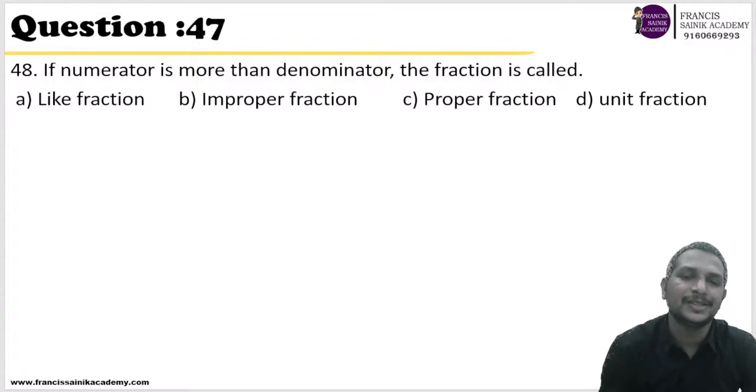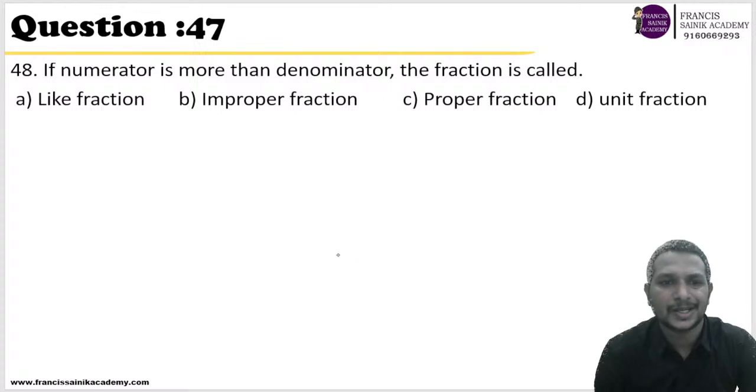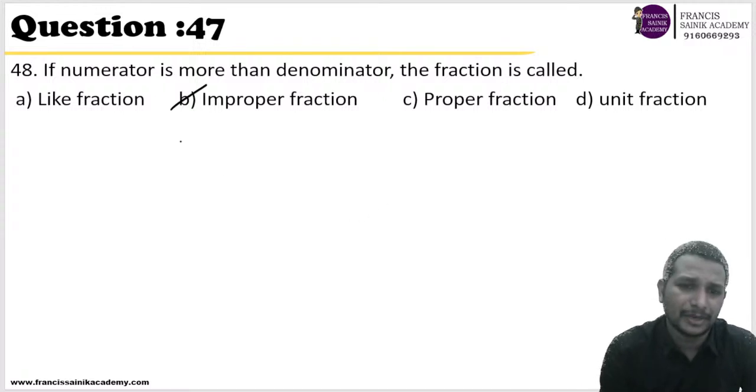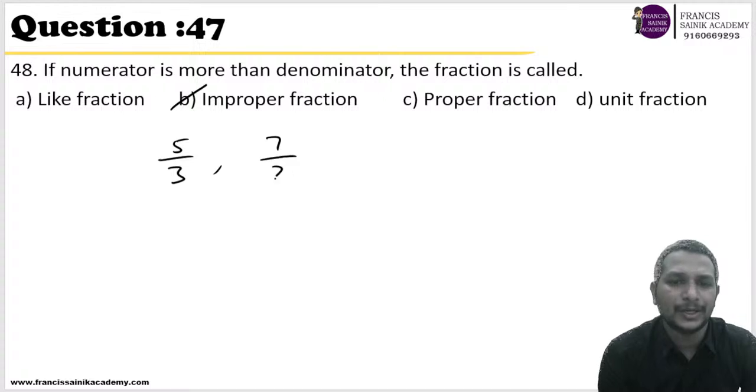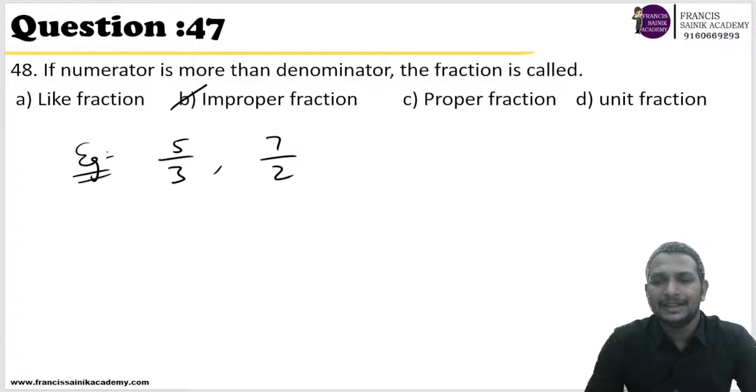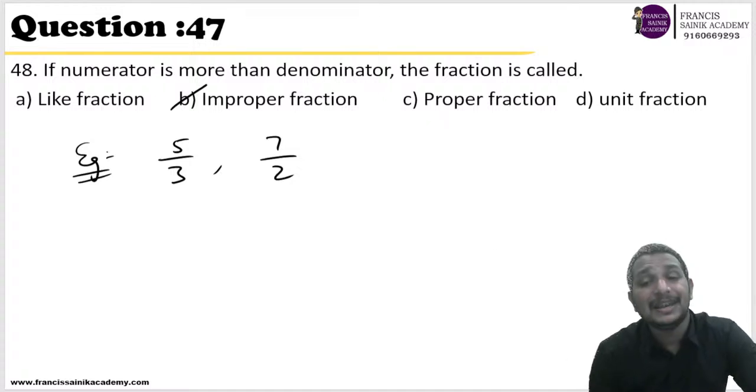So if the numerator is more than the denominator, the fraction is called what? It is considered an improper fraction, like 5 by 3, 7 by 2, all these are examples where the numerator is greater than the denominator. If the numerator is less than the denominator, we call it a proper fraction.